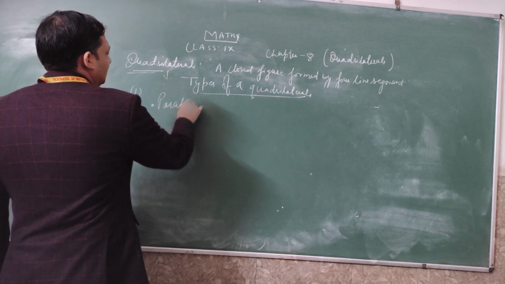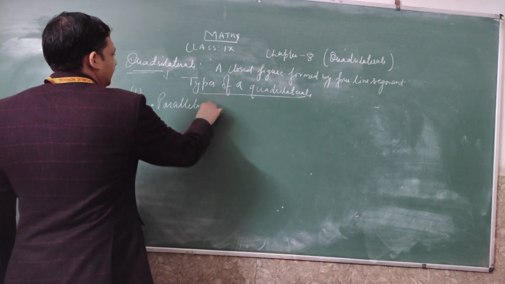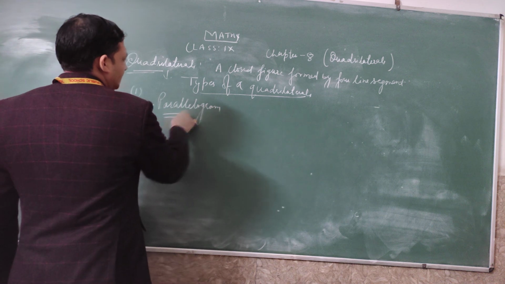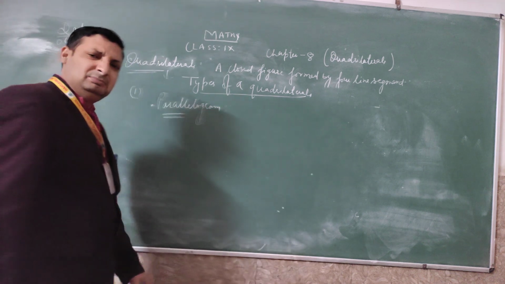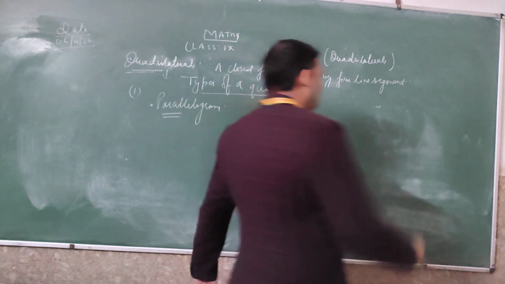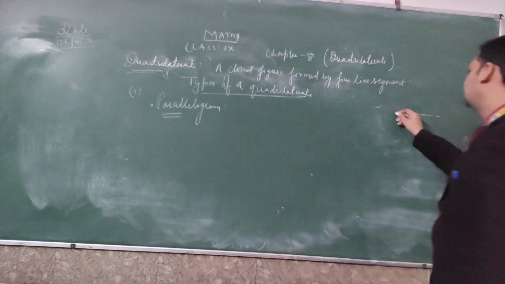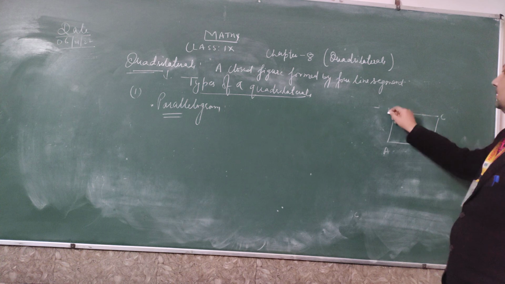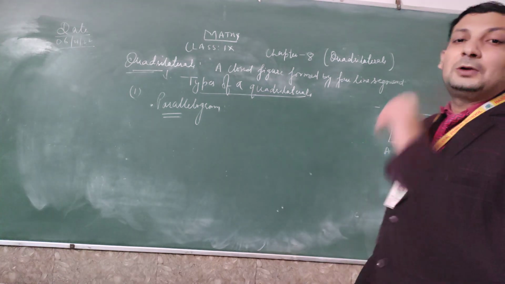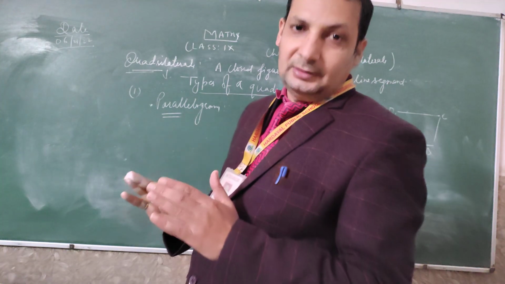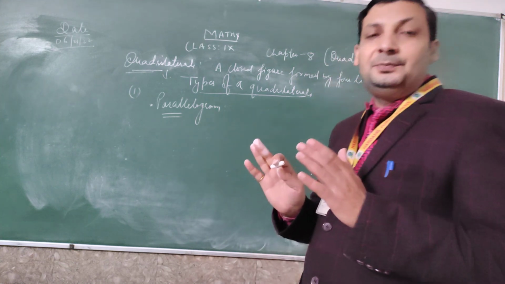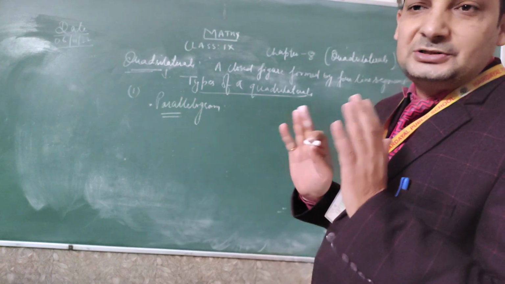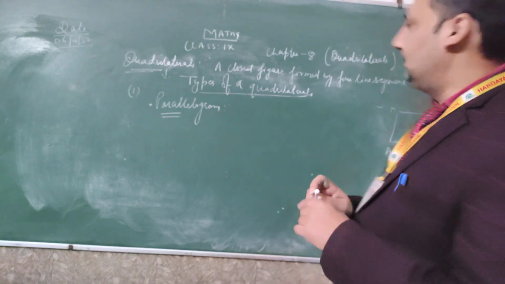That is called a parallelogram, which you have seen many times. Look at this figure, this is called a parallelogram. What is a parallelogram? A parallelogram is a type of quadrilateral which has opposite sides that are equal and parallel.